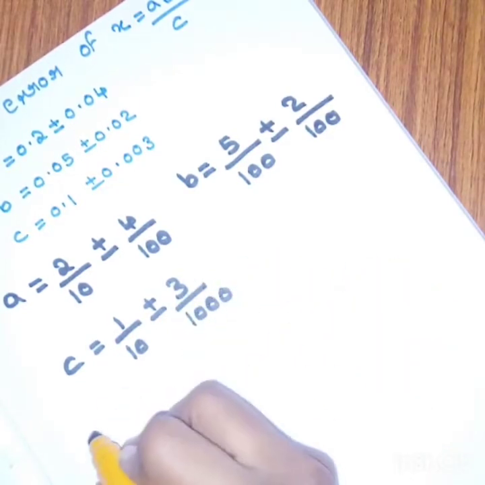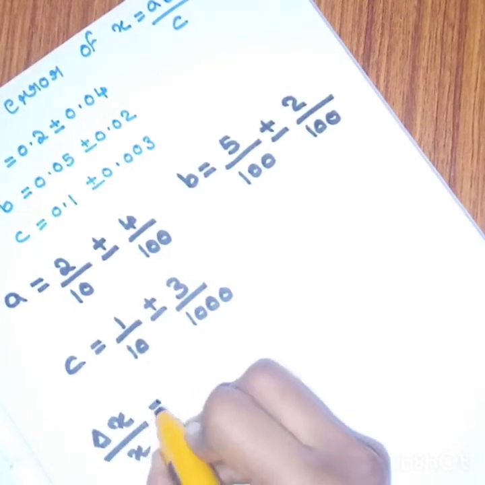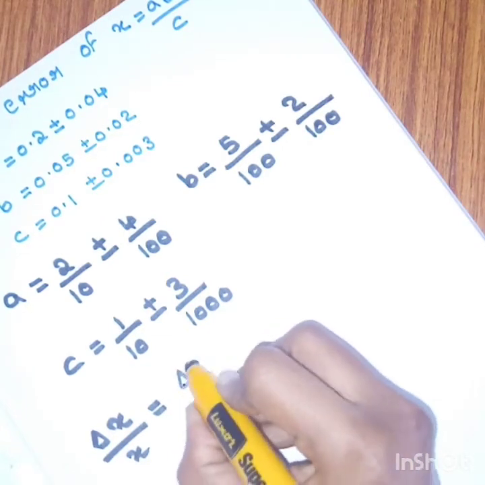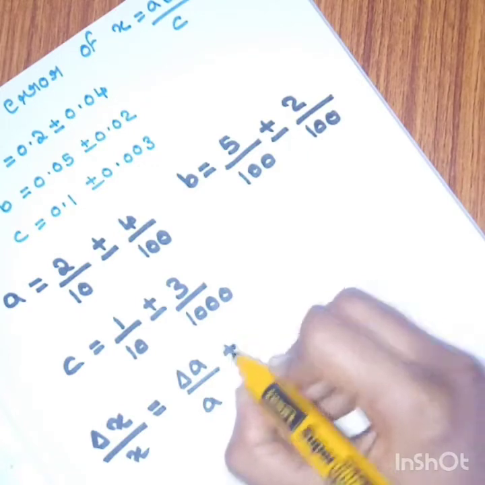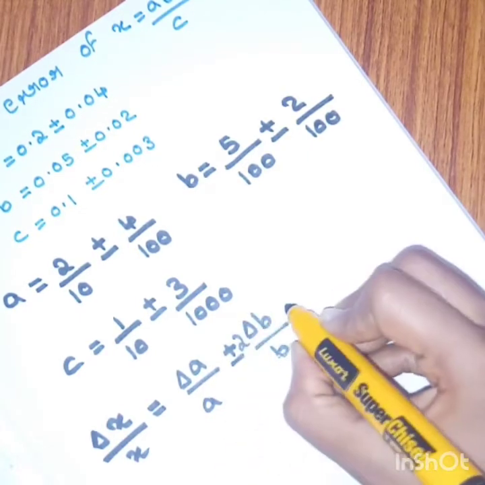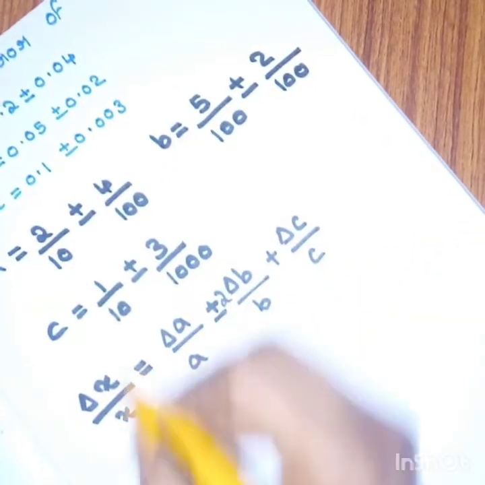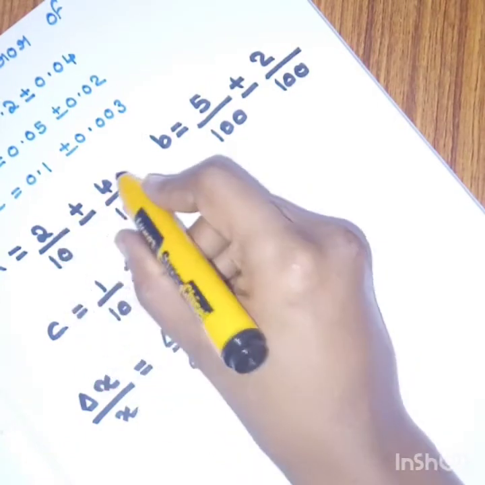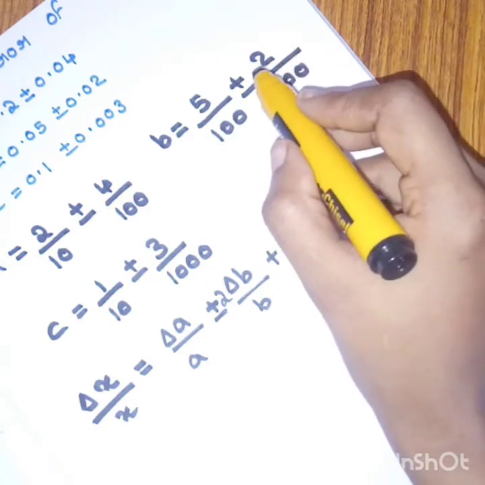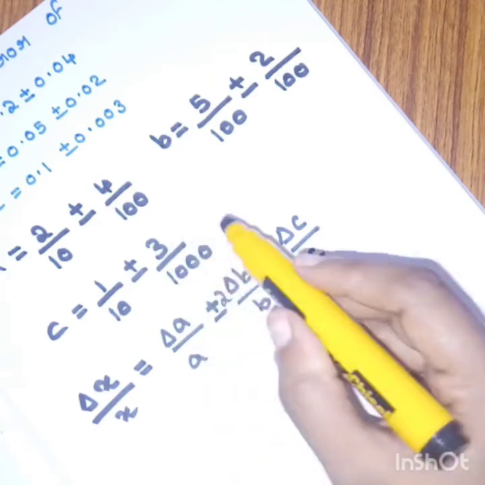Then the relative error in x is equal to delta x by x. Using the formula we can write delta a by a plus 2 delta b by b plus delta c by c. This is a and this one is delta a, this one is b, this one is delta b, this one is c, true value, then it is delta c.